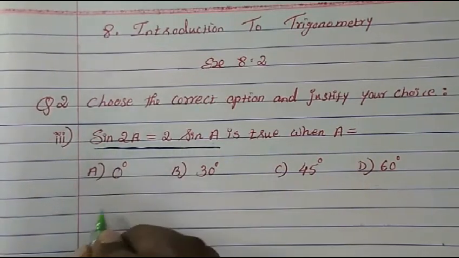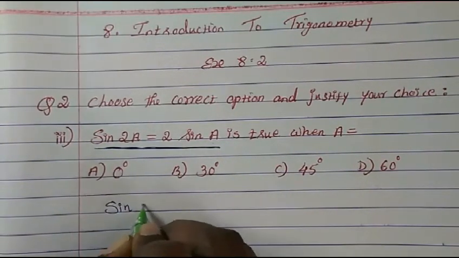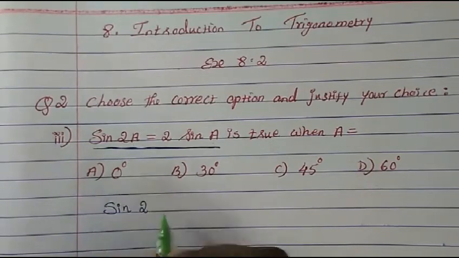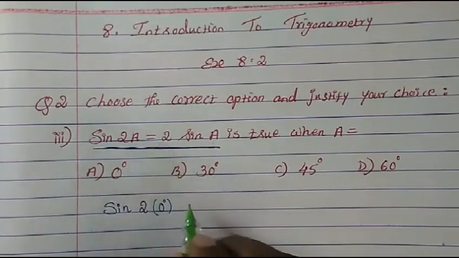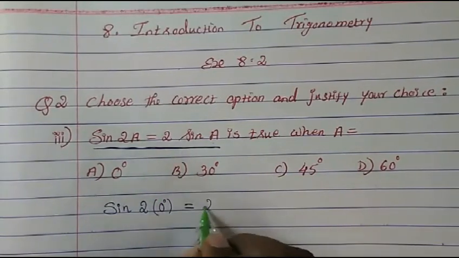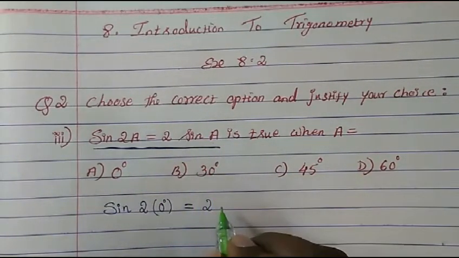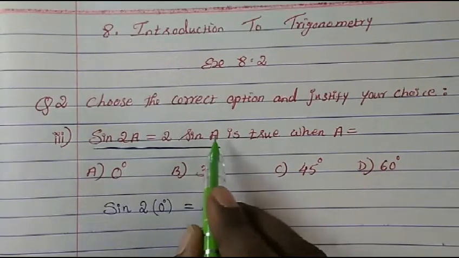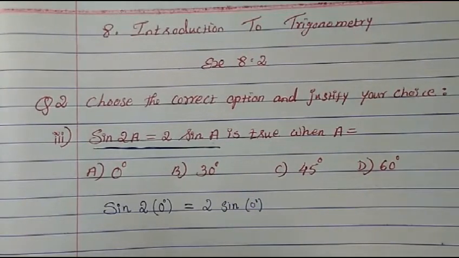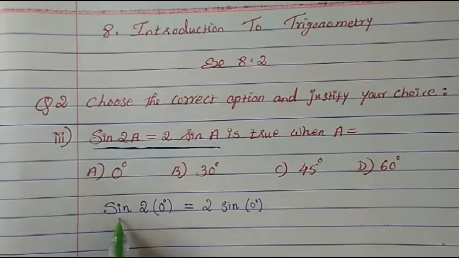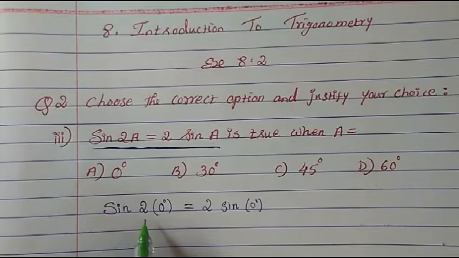So let's write down here sine 2a, we are taking a as 0 degree, is equal to 2 sine a, where a is 0 degree. So let's check now. If you multiply 2 into 0, this is multiplication, right?